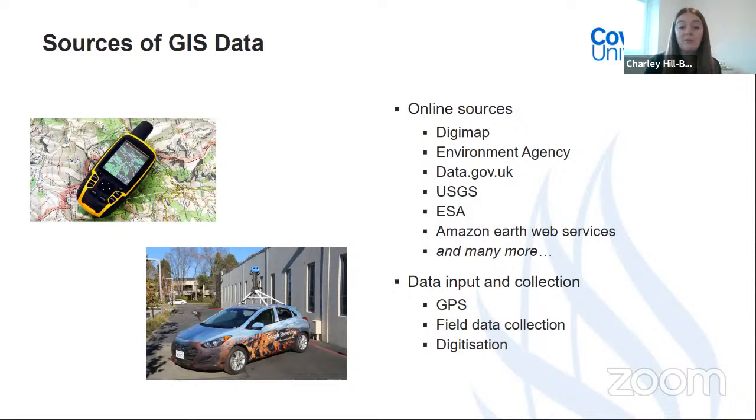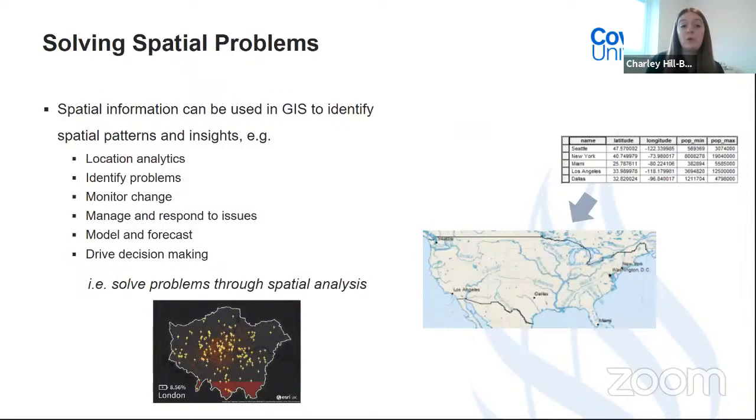What we do with that information, once we've collected it, whether through our own digitisation or through online sources, is we can solve problems. We can begin to uncover information. And that's through identifying problems, monitoring change, responding to issues, and driving and making decisions.